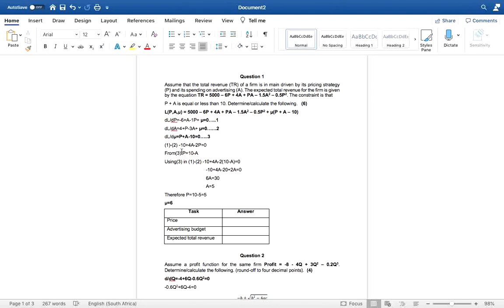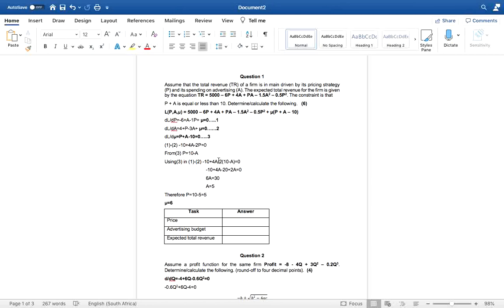And then from equation 3, p is equal to 10 minus a. We can now substitute the value for p from equation 3 and use it in equation 1 minus 2, which will give you the following results: minus 10 plus 4a minus 2 times (10 minus a) is equal to 0.